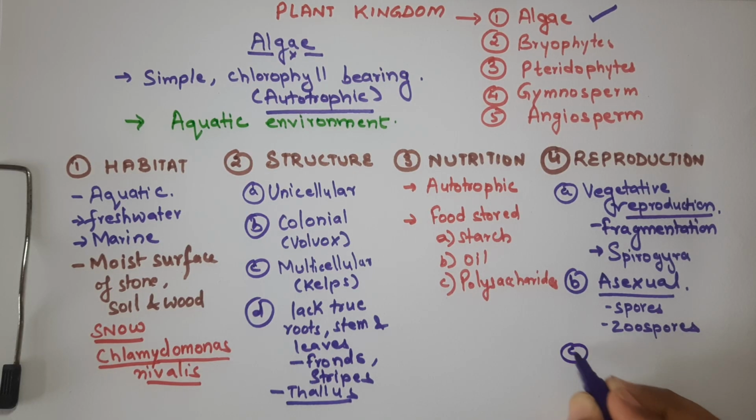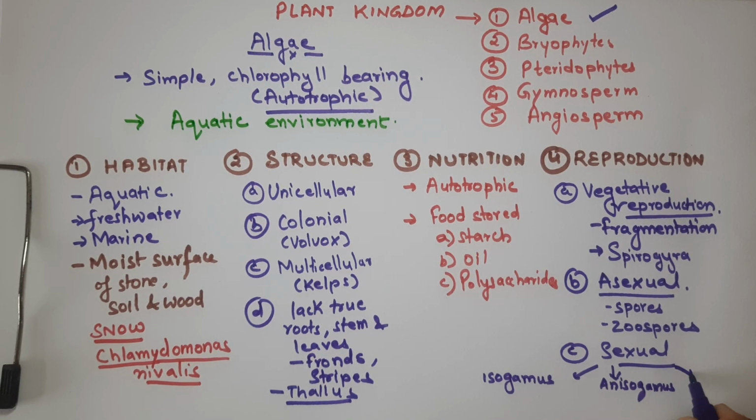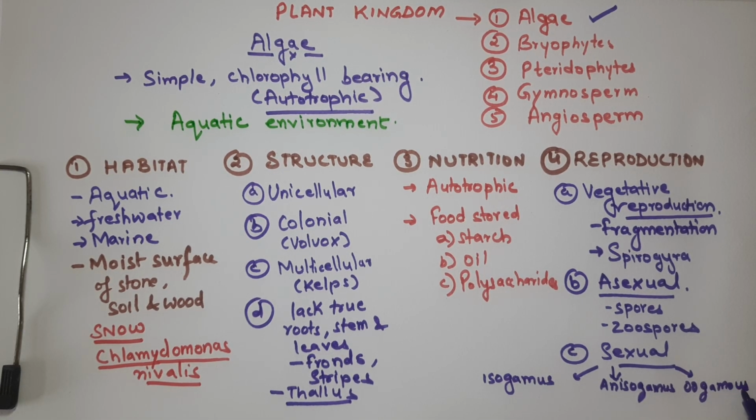The last one is the sexual reproduction, and the sexual reproduction involves fusion of the gametes. It can be isogamous, anisogamous or oogamous. So the sexual reproduction can be of three types. The first one is isogamous, the another one is anisogamous, and the third is oogamous.